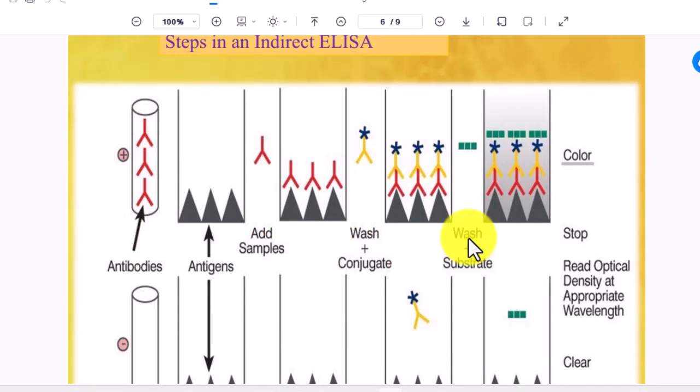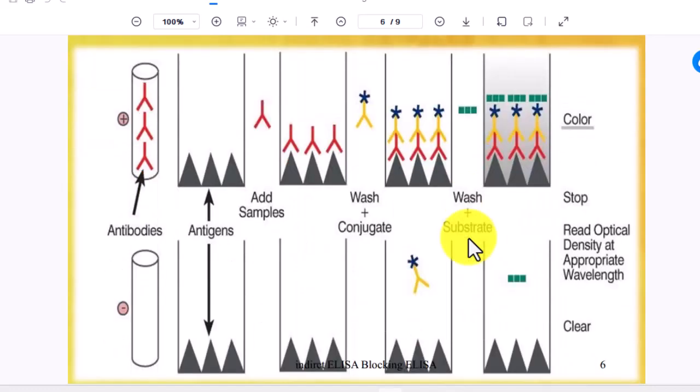Here, the indirect ELISA: you imagine that this is the plate, and this is one of the wells. We coat the plate with antigens, and here the antibodies, here the positive result, here the negative result.